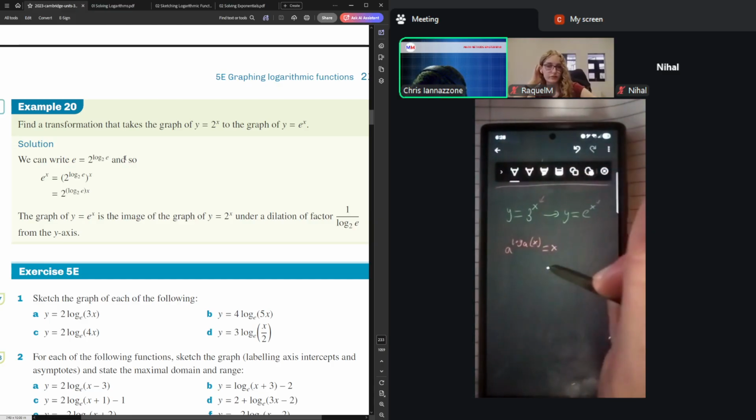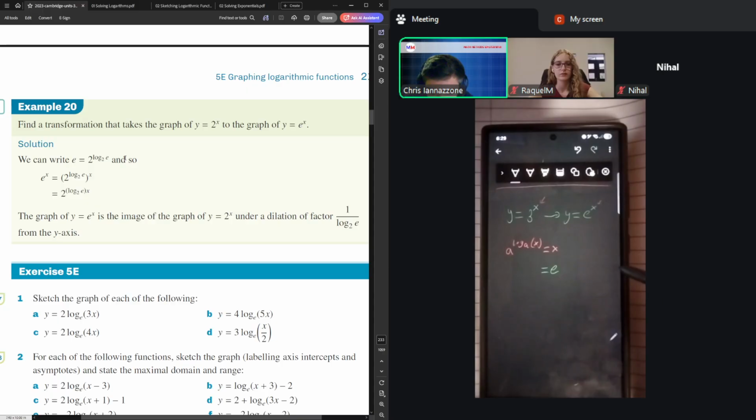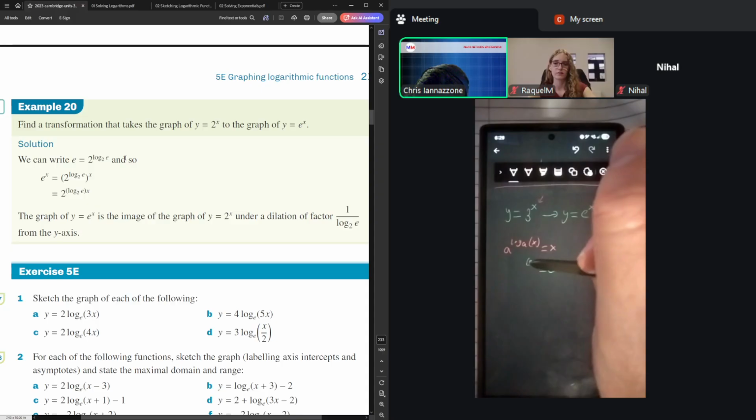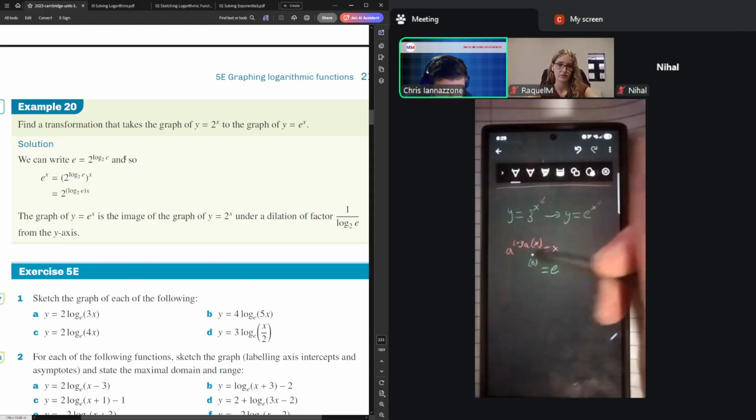So we're going to do some sort of conversion to it. We have this E, and I want to rewrite that into a base that's more convertible. And I can do that with this logarithm statement, if you're looking back at the handwritten notes. So by plugging in E as X, all I need to do now is fill out the rest of the statement with whatever this A is.